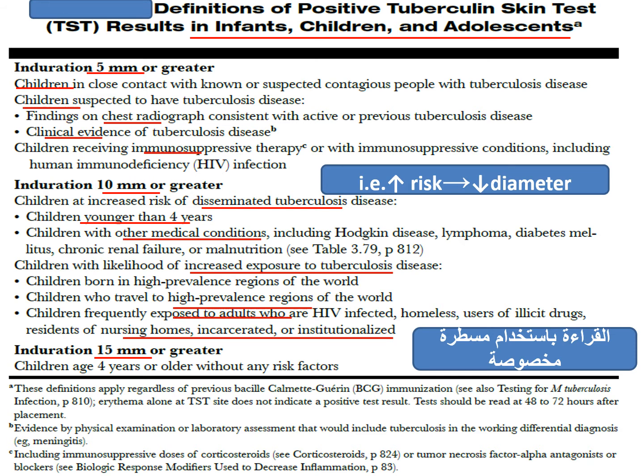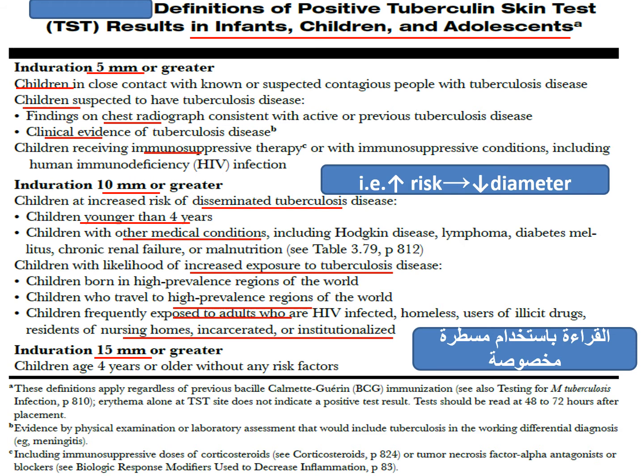Those at increased risk of tuberculosis are younger than 4 years of age or have other medical conditions including Hodgkin disease, lymphoma, diabetes mellitus, chronic renal failure, and malnutrition. That is to say, cases in which immunity may be decreased.